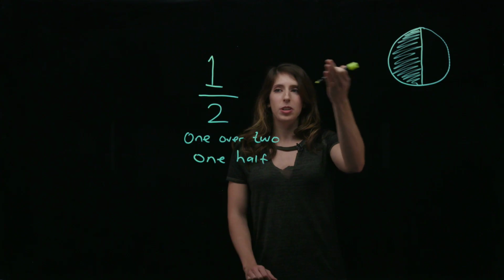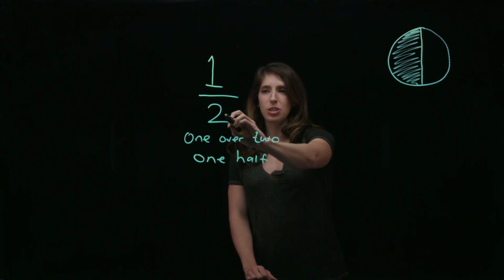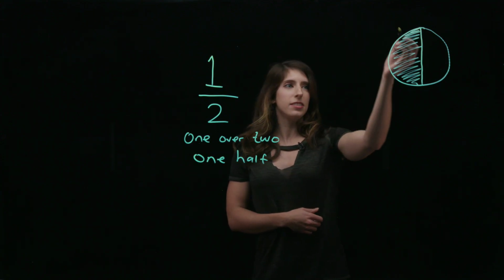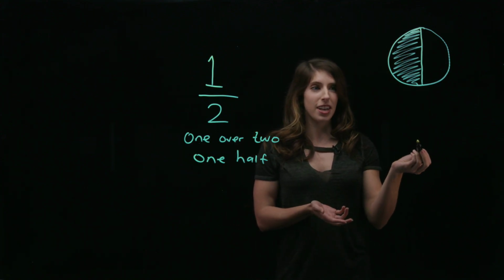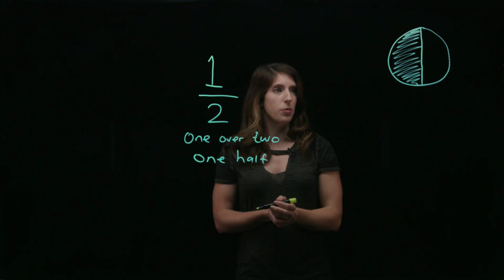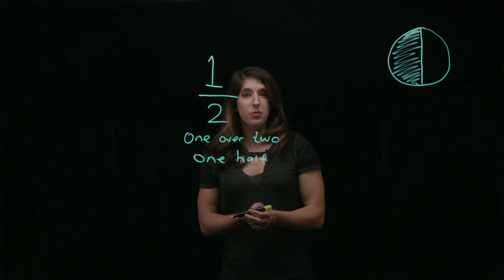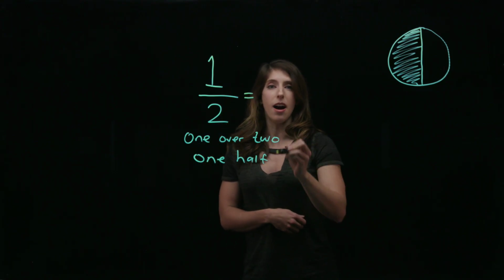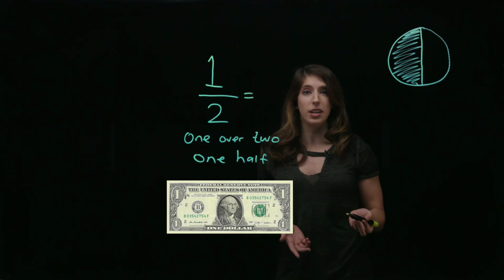And so how does this picture relate to our fraction? Well, the denominator, 2, tells us we have 2 equal-sized pieces, and 1 is the number of pieces that is shaded or selected. So we have 1 out of 2 equal-sized pieces, or 1/2. So what if we want to consider the decimal version? Well, it helps to think of our whole being $1.